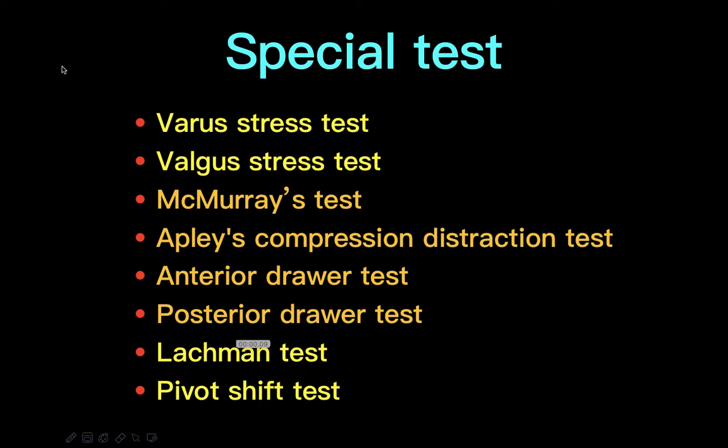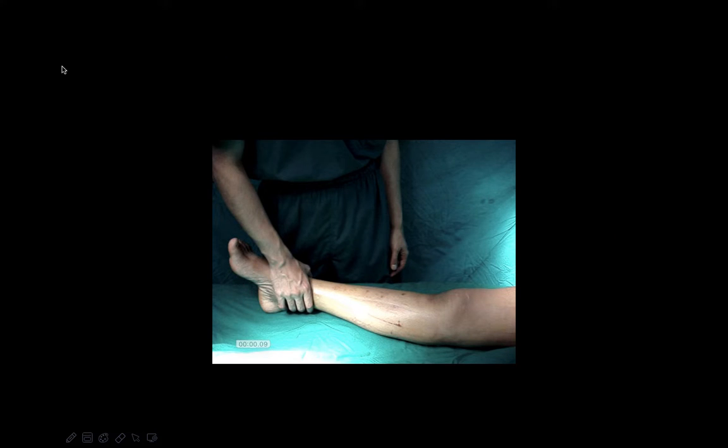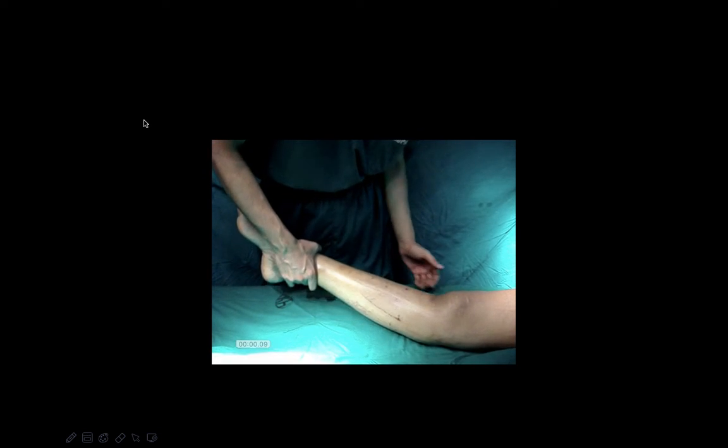Now this is the most important part of the knee examination, that is the special tests. We have a number of important special tests, namely the stress tests, tests for meniscal injuries, and tests for ligamentous injuries. First of all, have a gross idea about the stability of the knee joint.